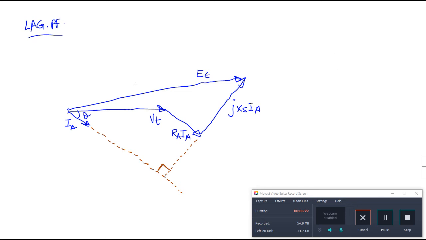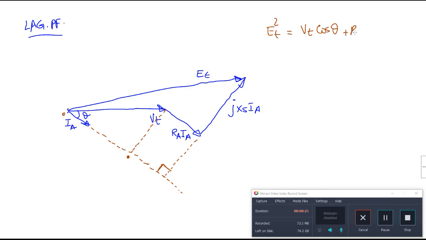So we have ET squared equal to this segment here, from here to here, and that is VT cosine theta plus this portion here, which is equal to RAIA. So this vector equals this vector here.